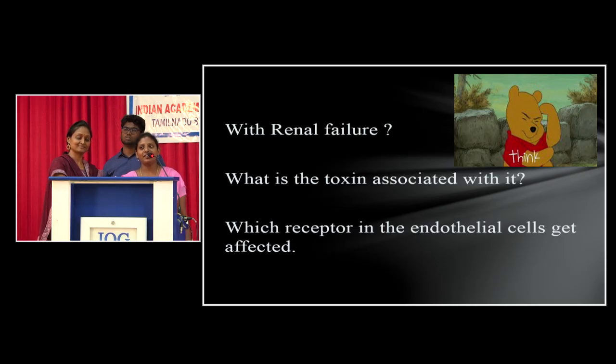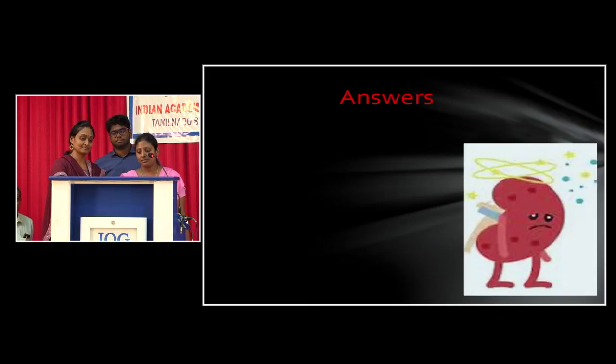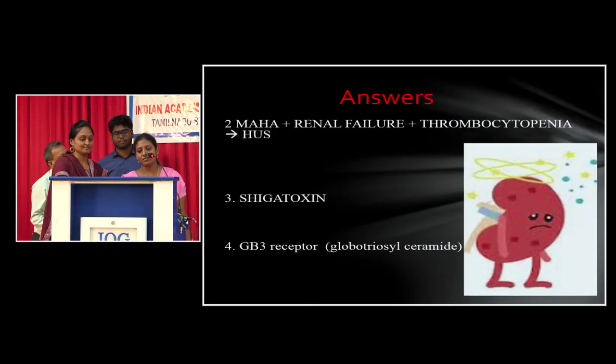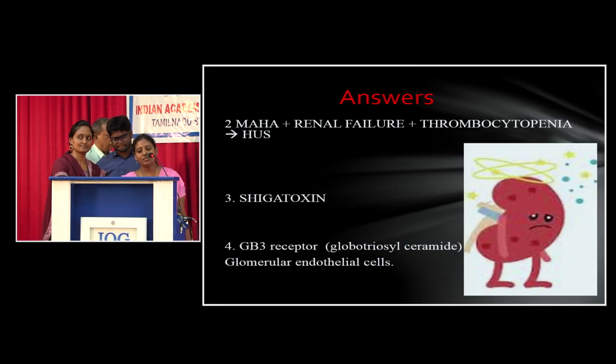It's the GP3 receptor in the endothelial cells, which is usually present in the endothelial cells of the glomerulus. That's why this toxin has affinity to the GP3 receptor in the glomerular endothelial cells. That's why they are having hematuria, microangiopathy, fibrin platelet thrombi, and causing thrombocytopenia. Okay. So that's the answer.